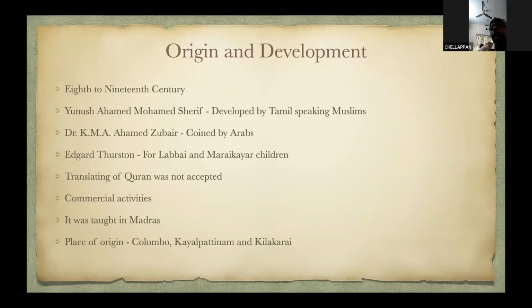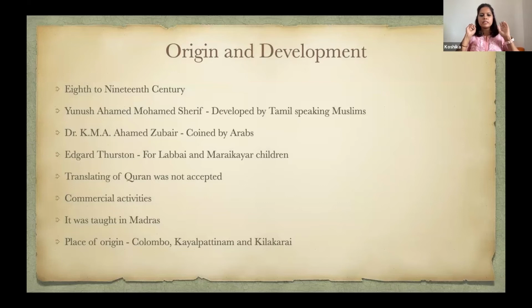The proper origin of Arabi is not yet known, but some scholars say that it might be from the 8th to the 19th century that this script was developed. So why was the script developed?